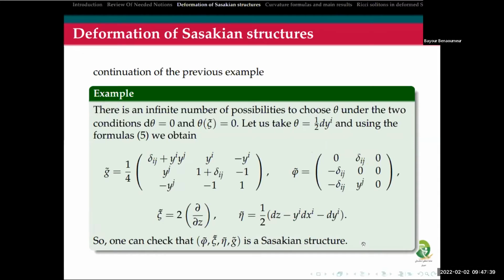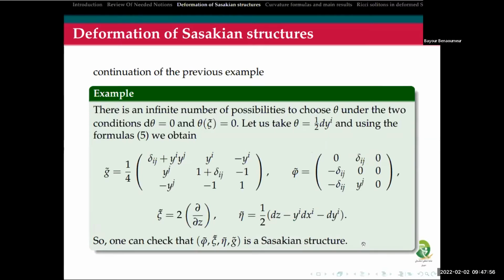There is an infinite number of possibilities to choose theta under the two conditions: the differential of theta equals 0 and theta of xi equals 0.